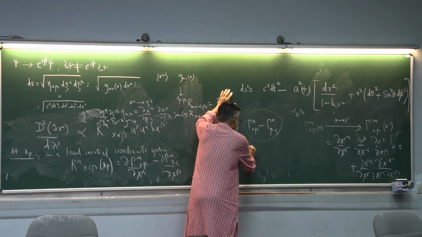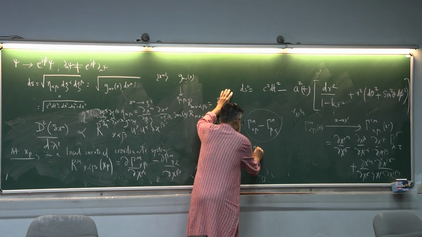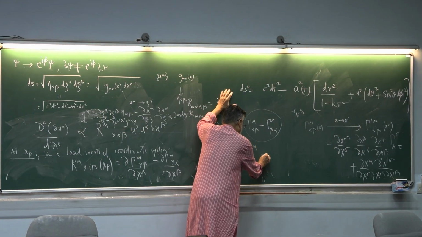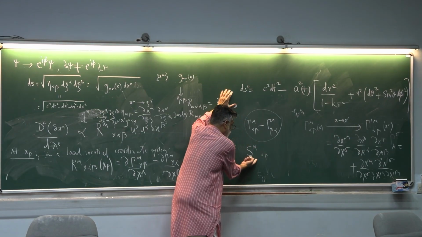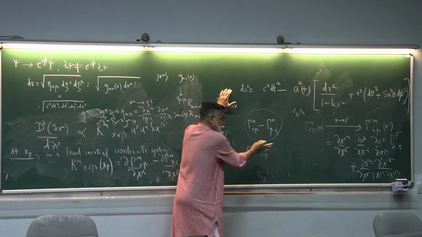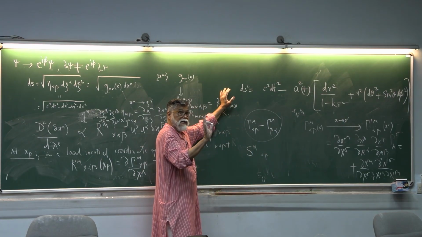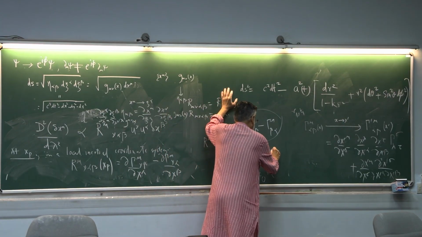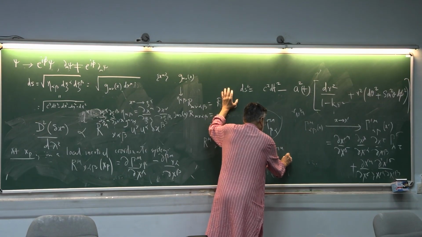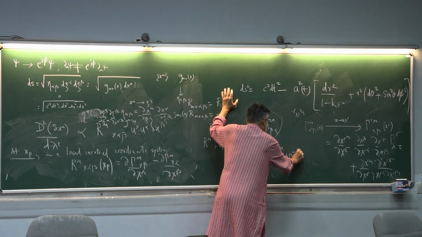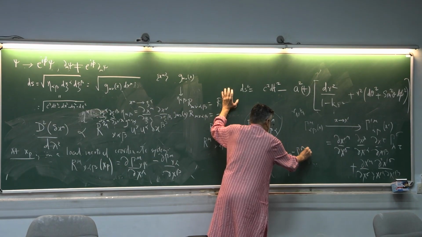So the torsion tensor S mu, alpha beta is a proper tensor with mu upstairs and alpha beta displaced, written as gamma mu alpha beta minus gamma mu beta alpha.